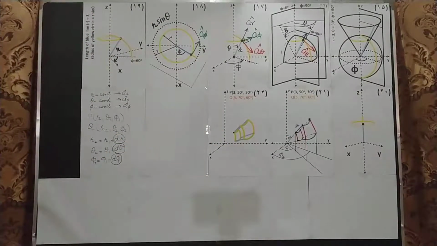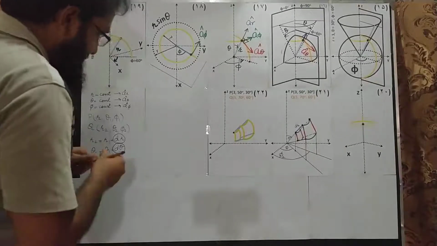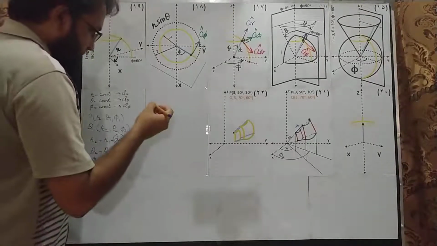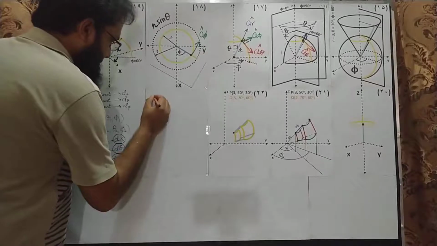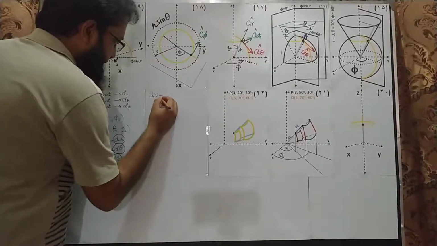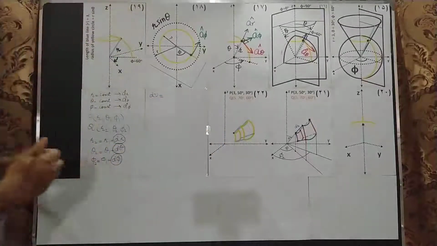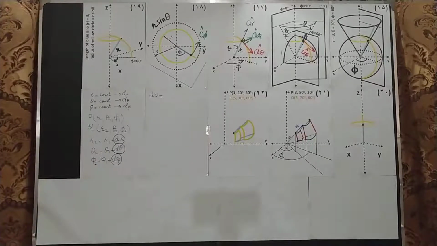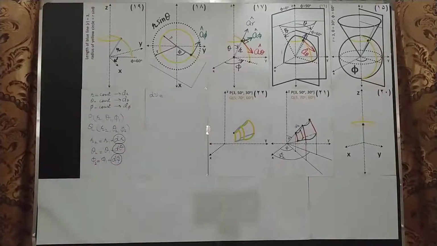And the differential volume, whose formula we are trying to find out, is nothing but an exact replica of this shape, but at the differential scale, that is, an extremely small scale.